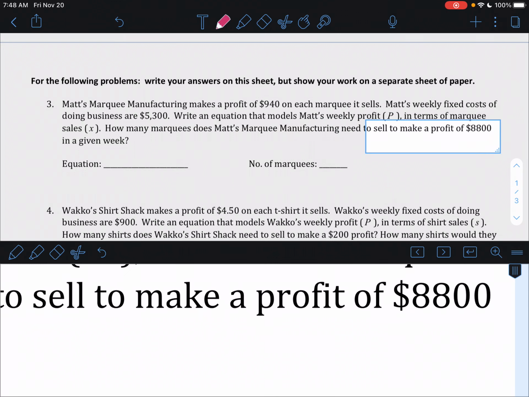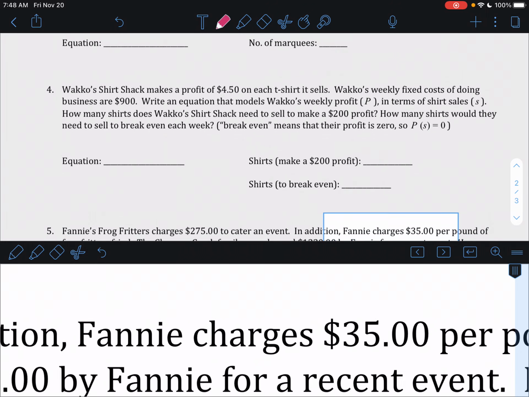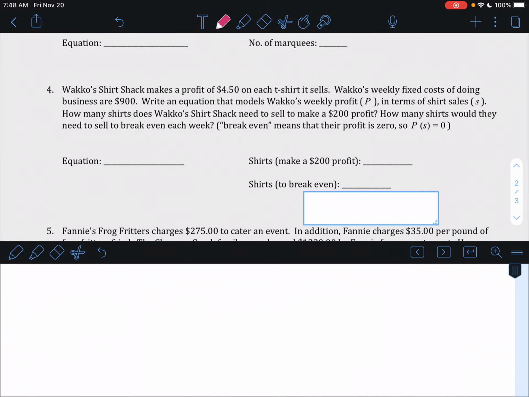So in this case, you are once again not plugging that 8,800 in for X, you're plugging it in for Y once you write your equation. Let me see, are there others where you need to plug it in for Y? Yeah, so it looks like a lot of these you're going to be plugging it in for Y.